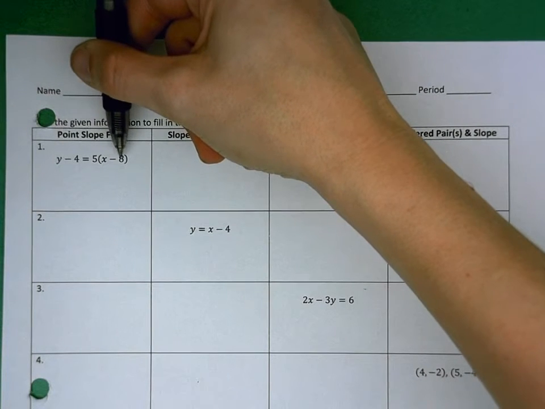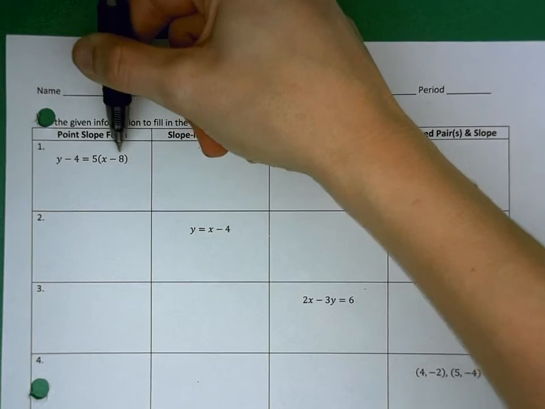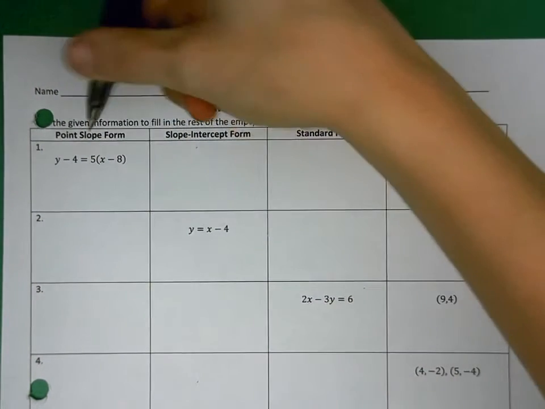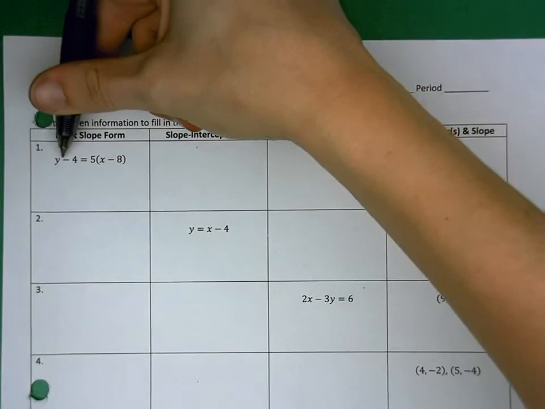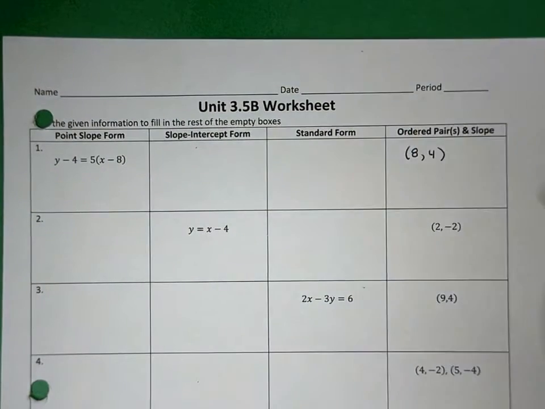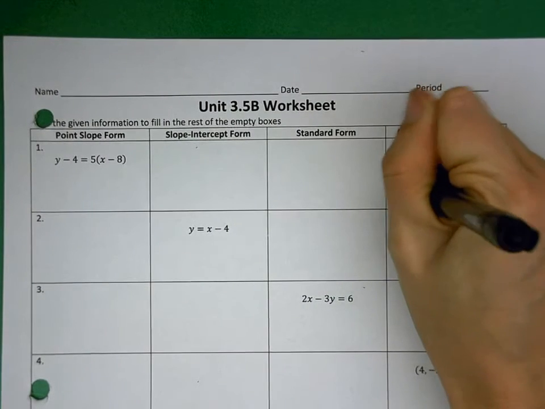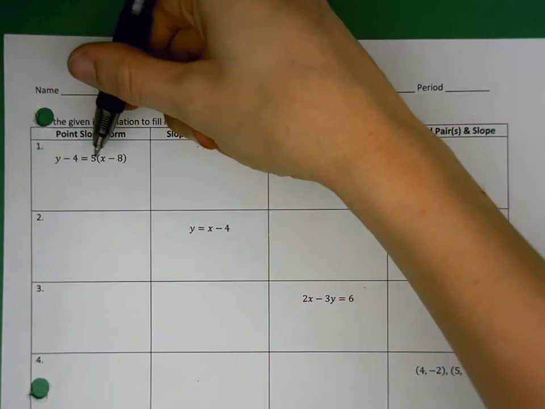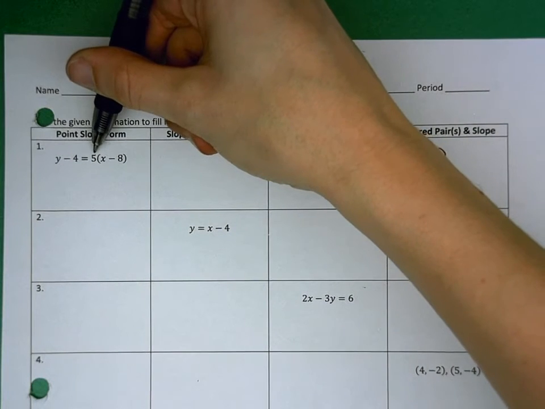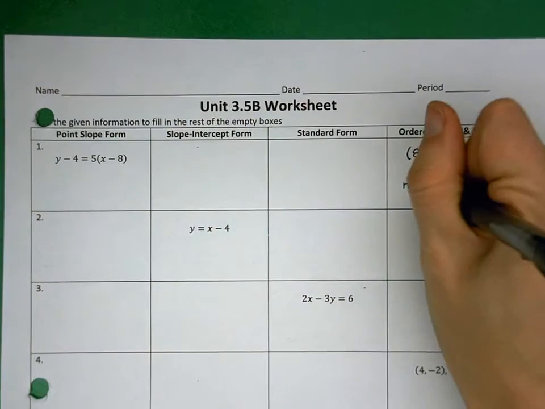And so in this case, the x coordinate of my point is 8, because that's what's behind that minus. And my y coordinate is 4, because that's what's behind that minus. And then my slope in this particular equation would be what's located outside the quantity, outside the parentheses, and that would be 5.